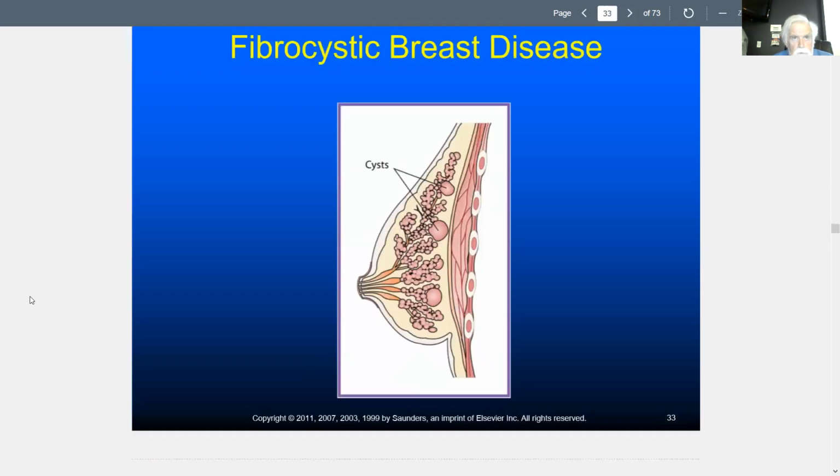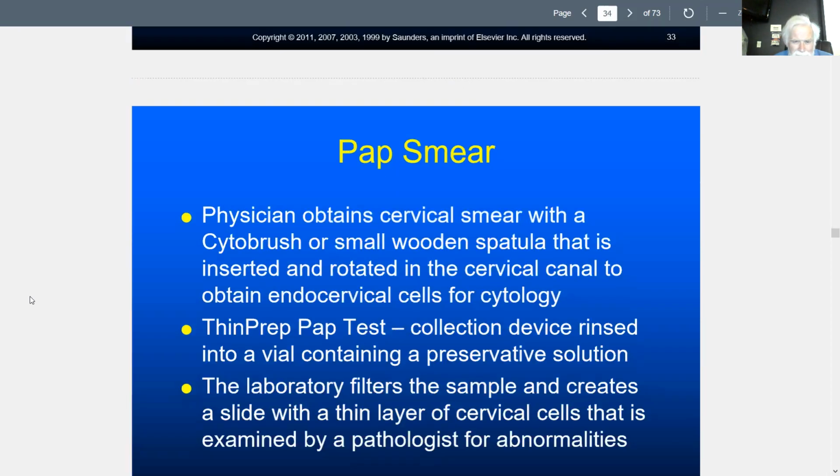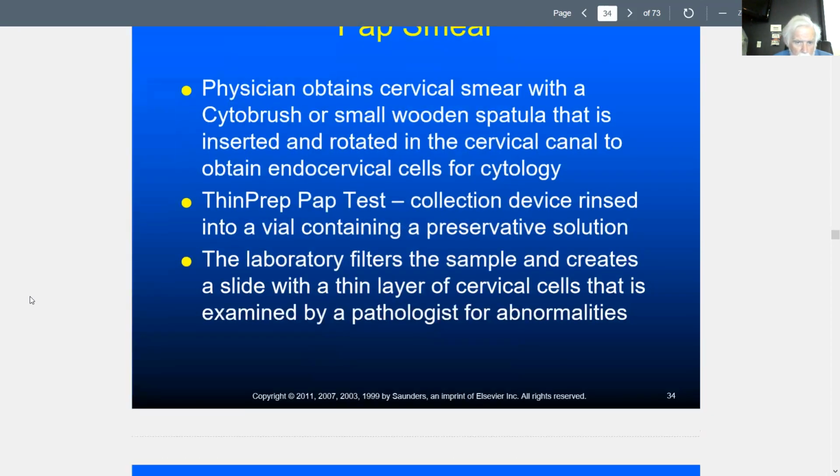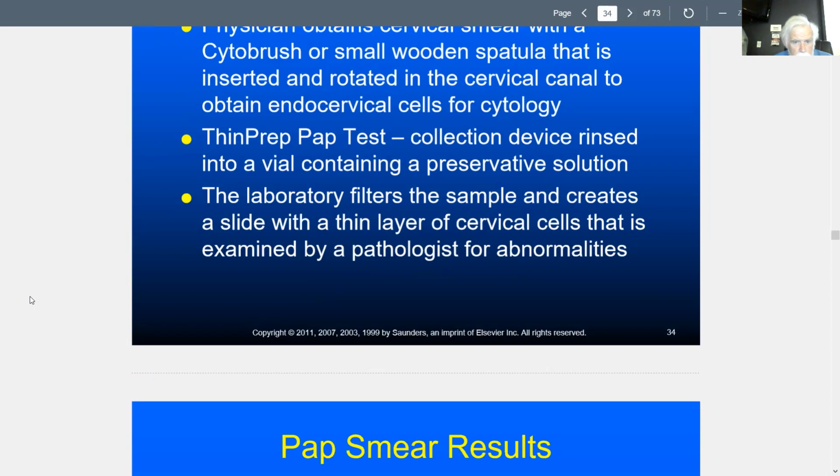You guys have had Pap smears, so I don't need to go into that process. But it's a pretty easy sample and a pretty easy test, but a pathologist needs to look at it because we look at the cells from the lining of the vaginal cavity to see if they are abnormal.